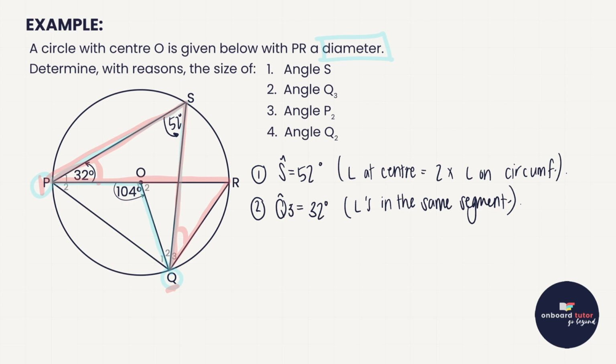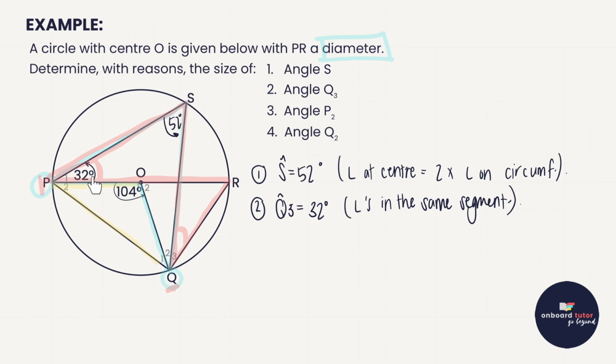Okay, and then angle P2. So let's see, what exactly are we looking for here? There's P2. Oh, this is a nice question here. Angle P2. Okay, I don't notice too much about P2 that could link to the 32. This 52 is a bit far away.